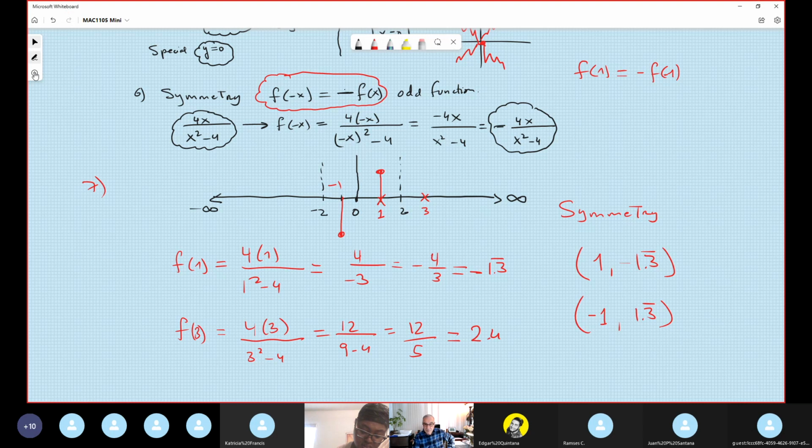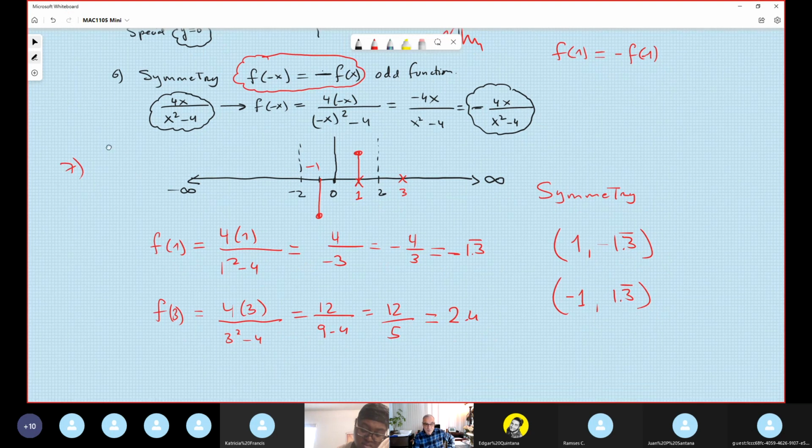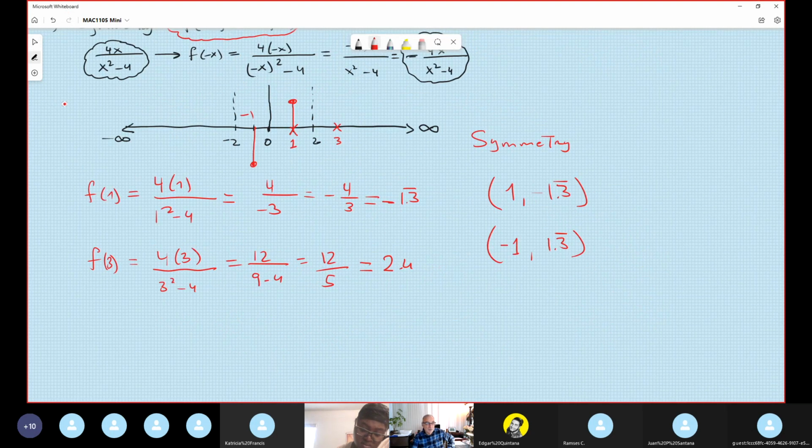Therefore, we have the point (3, 2.4), and of course (negative 3, negative 2.4). I suppose that we have enough information to do the graph. How many points do we have?